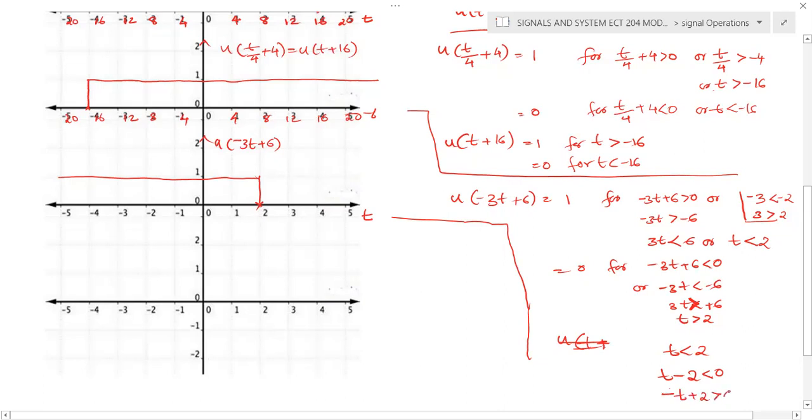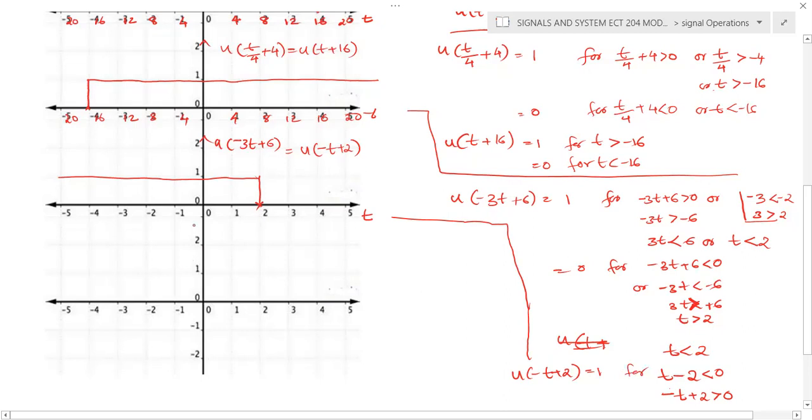At that time it's greater than 0. So we can write like this, u of minus t plus 2. This function is equal to 1 for this particular condition. So this equation you can also write u of minus t plus 2.